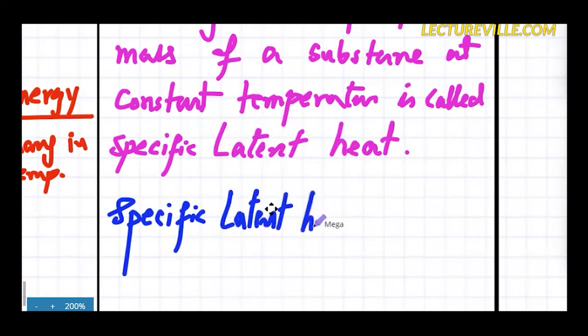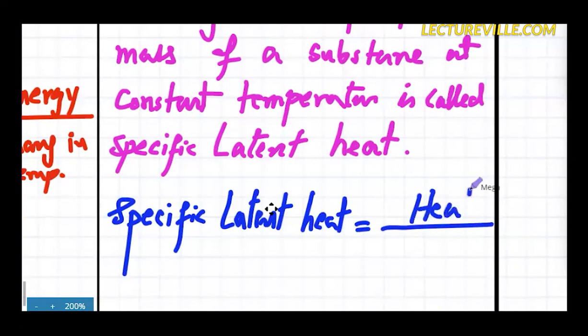Specific latent heat equals heat provided divided by mass that has converted from one state to another state.